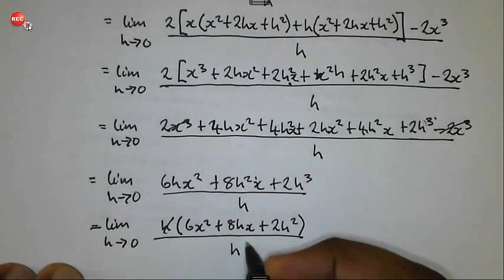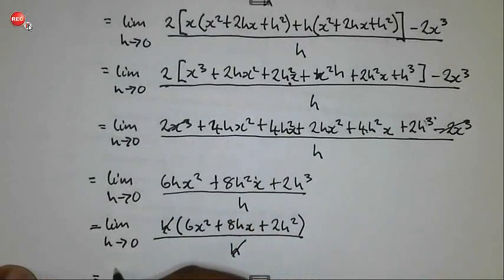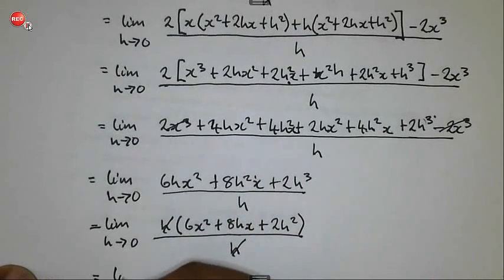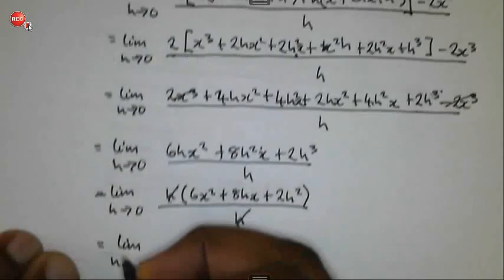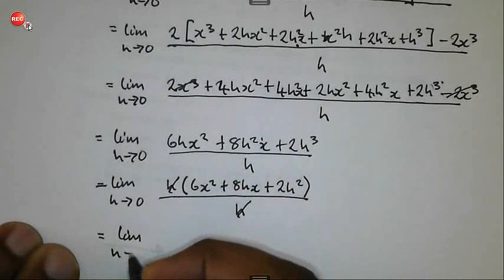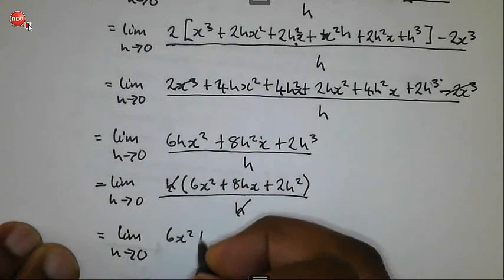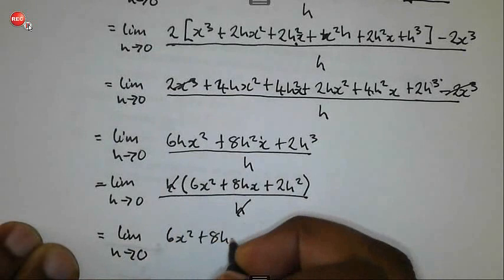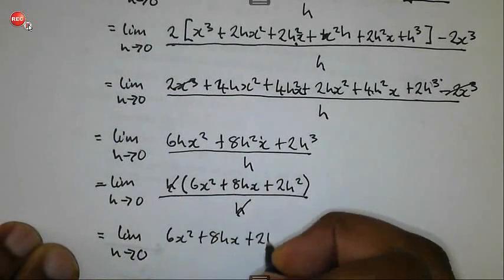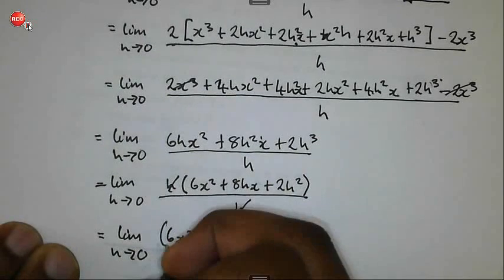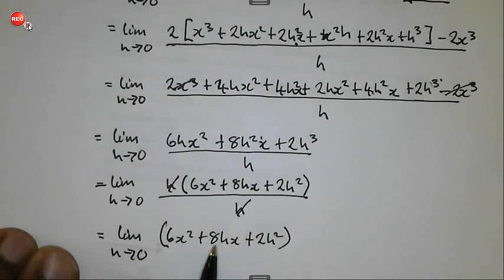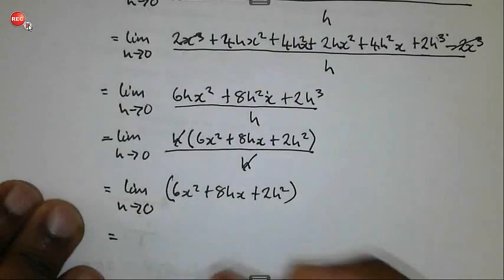Cancel them out, and then if you are now taking the limit as h approaches naught of 6x squared plus 8hx plus 2h squared. Now if h is approaching naught, then this is approaching naught, that is approaching naught, so you're only left with 6x squared, and that's your answer.